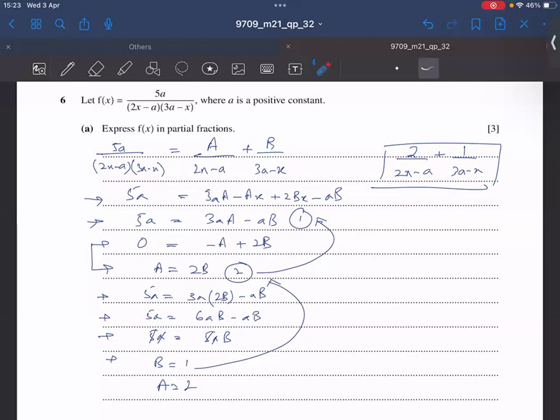I also took the LCM. I multiply a with 3a minus x, and b with 2x minus a, equals 5a, because the denominators are the same, so I just ignore the denominators. Now I have this numerator on the right hand side and this numerator on the left hand side, and I'm going to compare. So this is what you did.